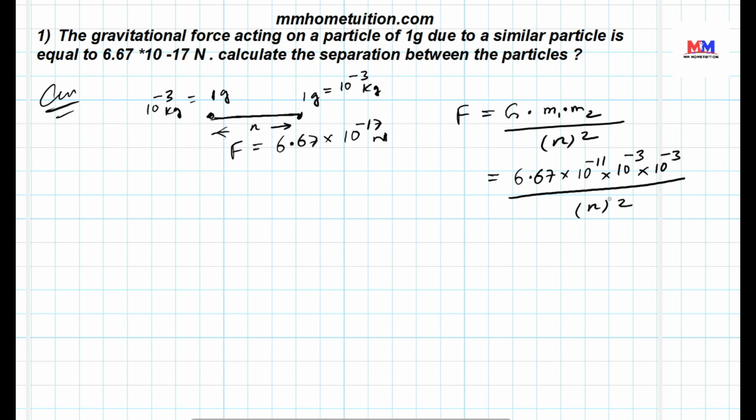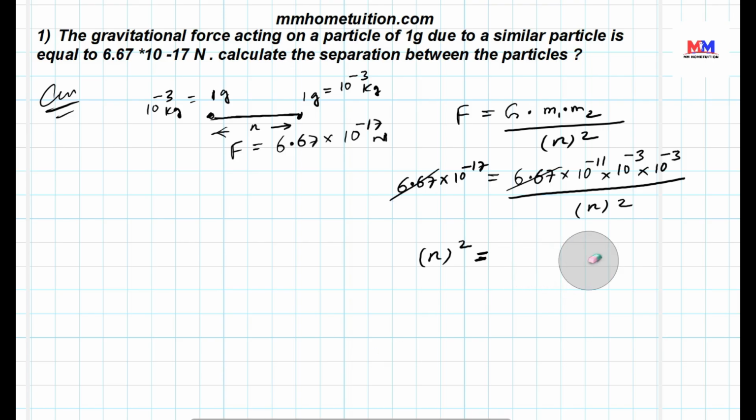So F equals 6.67 × 10^-17. We have to find r squared. So r squared equals 6.67, that gets cancelled.